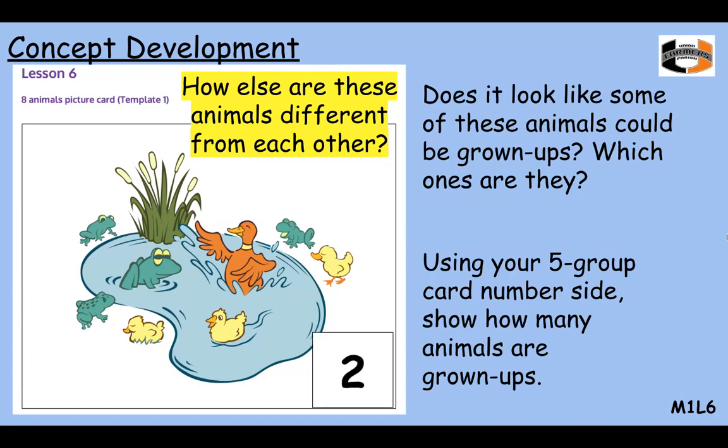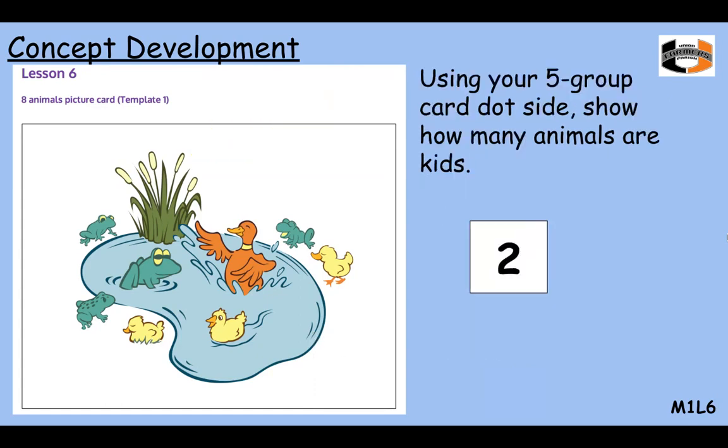We would show 2. Using your 5-group card dot side, show how many animals are kids. Did you get 6?